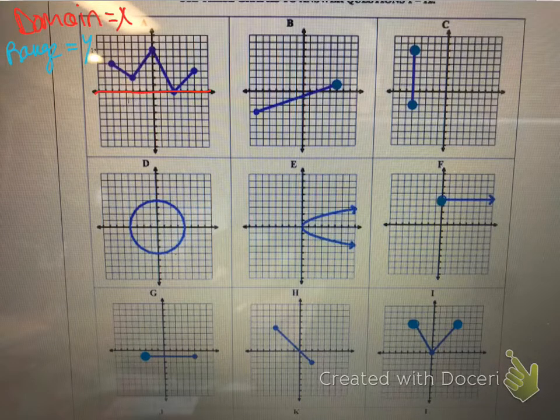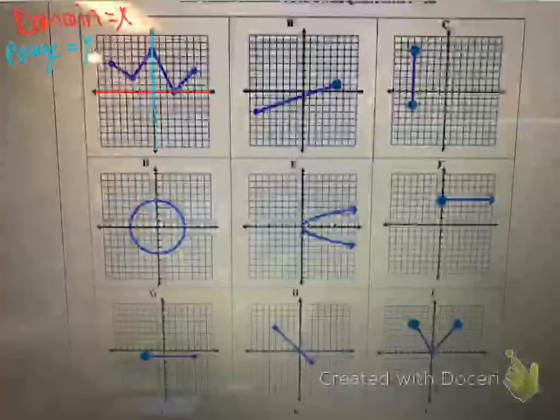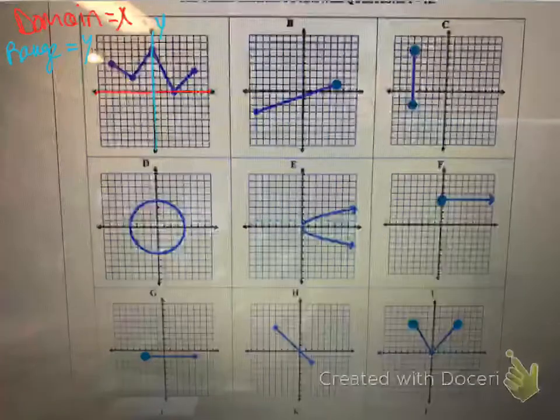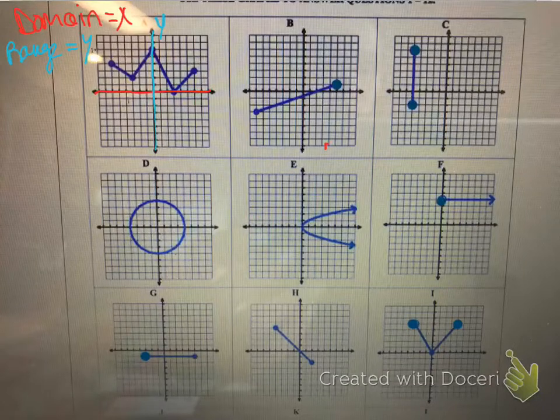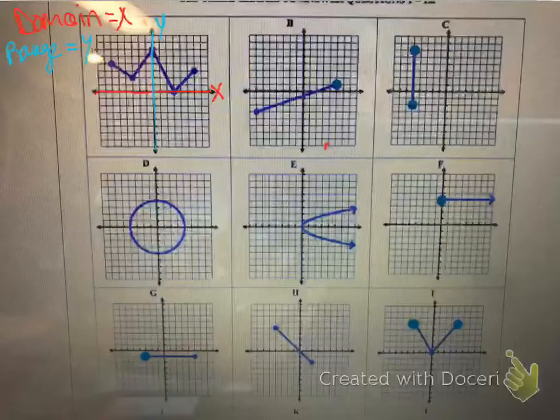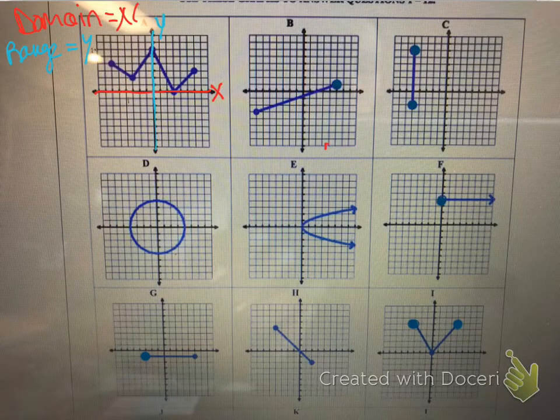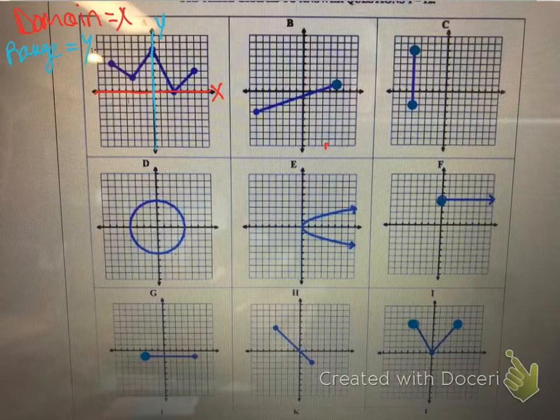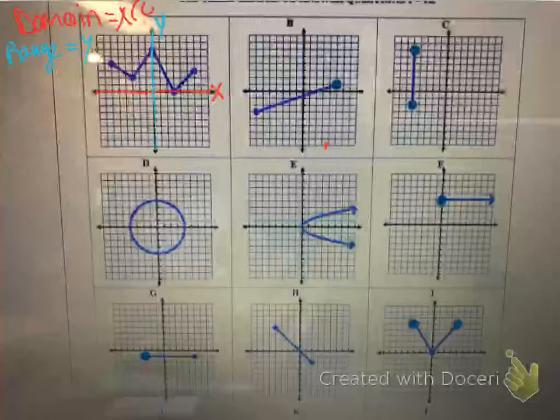Okay, so the range is all of the y's, so that's all the numbers on the vertical axis. I'm going to try to keep things color-coded so you can really see what I'm talking about. For the domain, that's where you want to look at left and right movement. So how far left and how far right we're going to go.